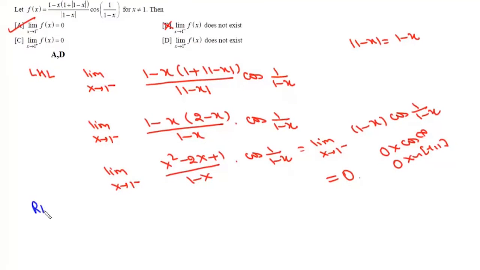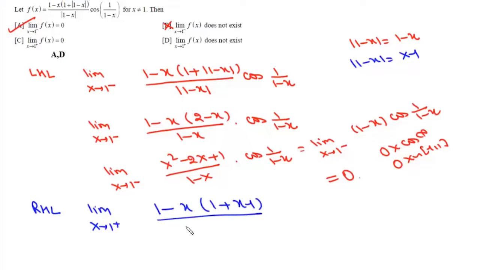Now for the right hand limit, it will be this limit x tends to 1 positive. Now if x is greater than 1, then mod of 1 minus x will be simply x minus 1. So we'll get (1 minus x) into (1 plus x minus 1) upon, and this is cos(1 upon 1 minus x). Now here 1 and 1 will cancel.